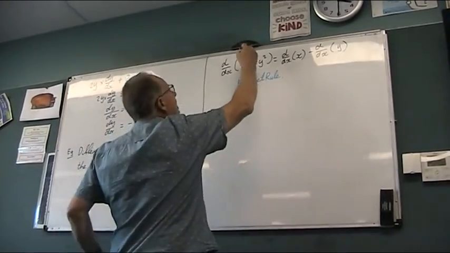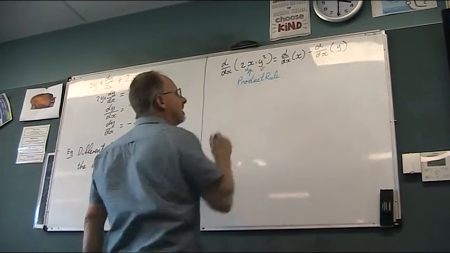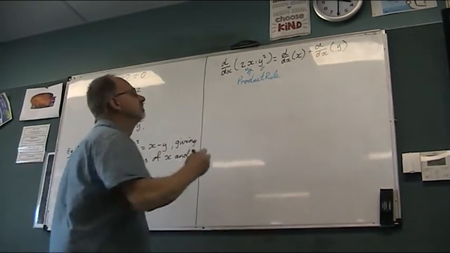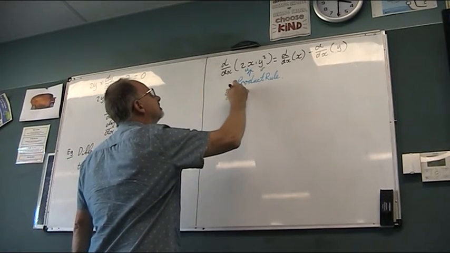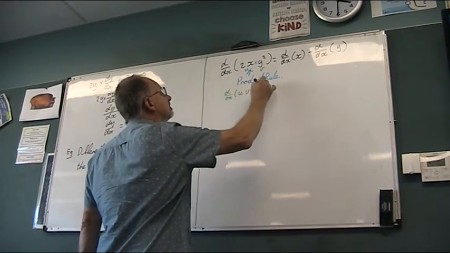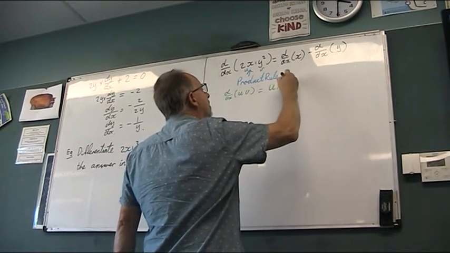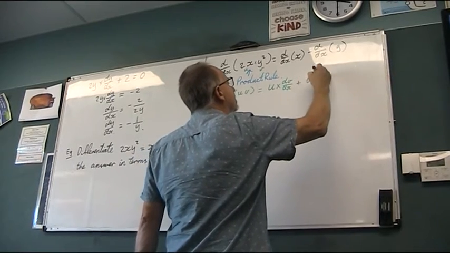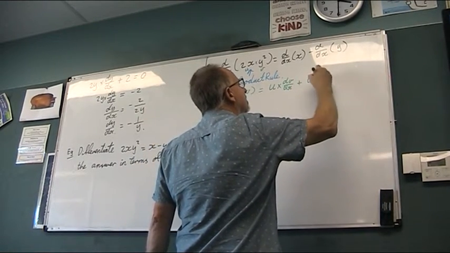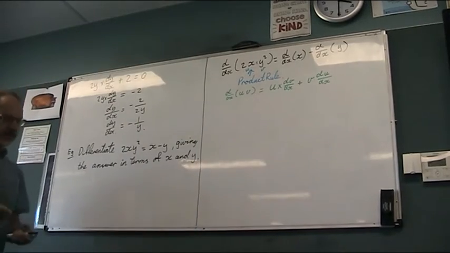if I make 2x equal to u and y squared equal to v, it's u times the derivative of v plus v times the derivative of u is our product rule.